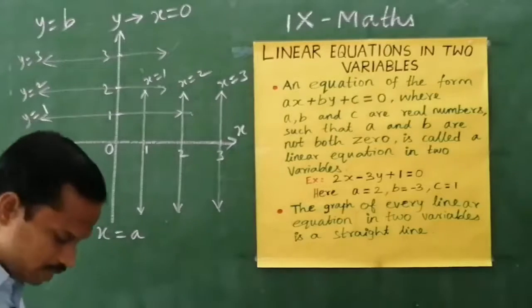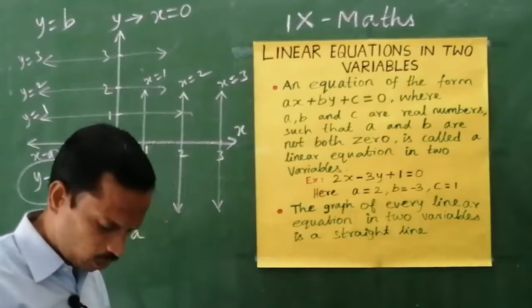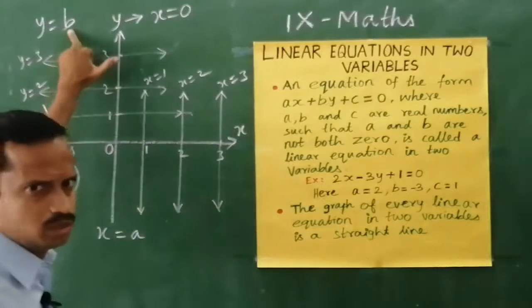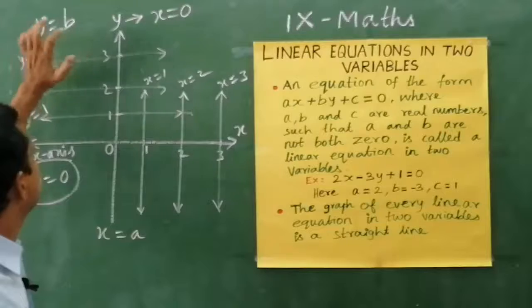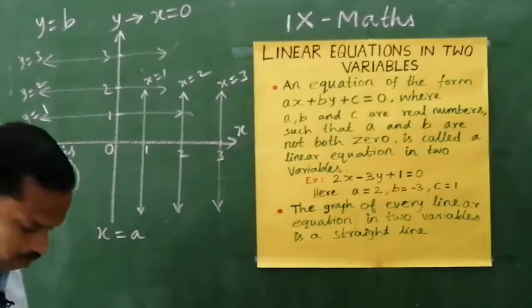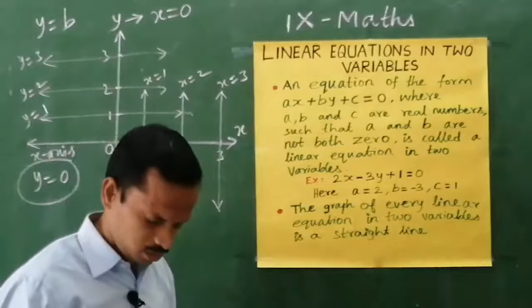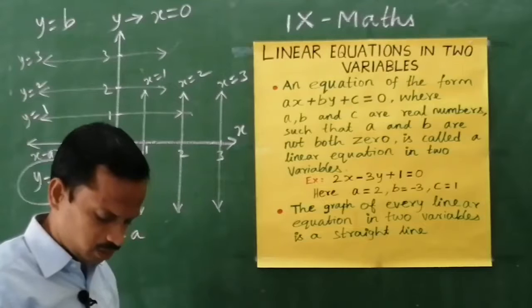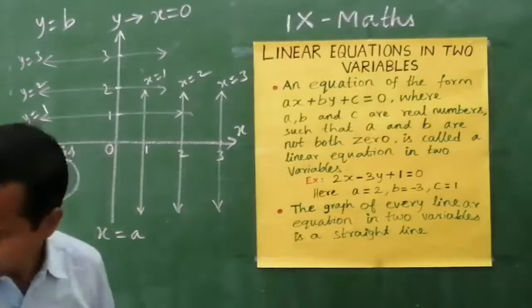So, that is given in point numbers 5 and 6. Okay. Any alphabet you can use here, either a or b or c, but generally we have that value only. So, this is the explanation up to point number 6. And point number 7, an equation of the type y equals mx.